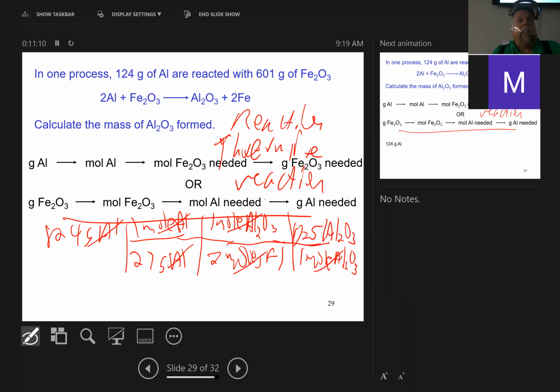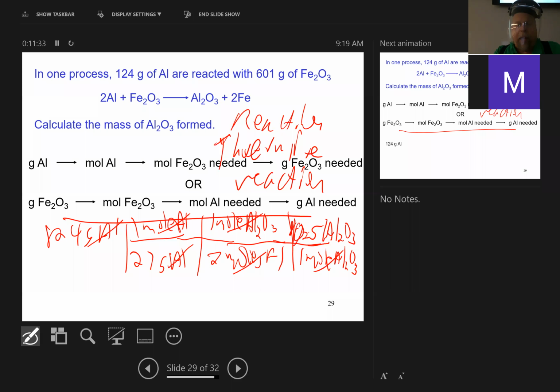Someone have a calculator? Hopefully you're working the problem, you virtual people, hopefully you're doing the problem there. So tell me what the number is, please, whoever gets it first. Yes. Which one? That's 102 grams.